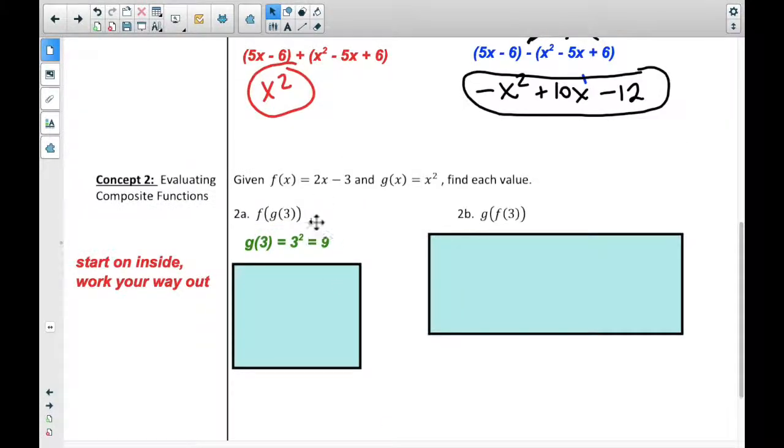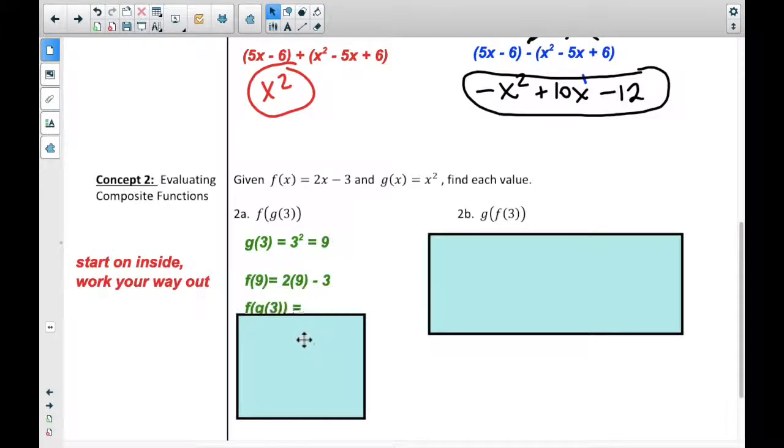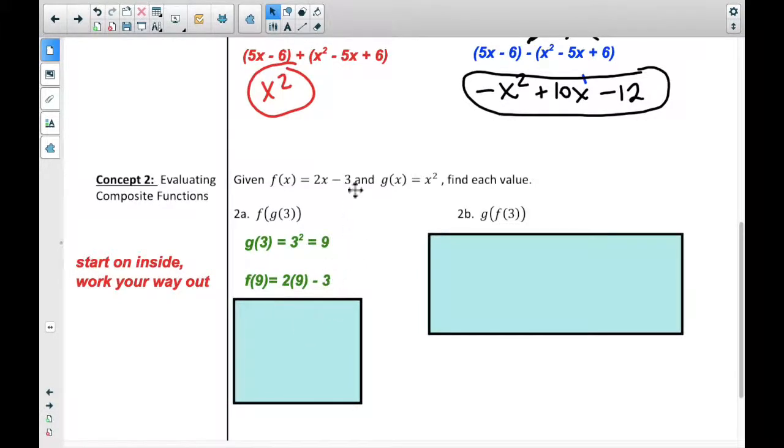Okay, so we're going to start on the inside with g of 3. Well, here's my g function. G of 3 just means I plug in a 3. So that's 3 squared, that's 9. Then, now that I've gotten my g of 3, now I want to plug that in and do f of 9 in this case. So f of 9, I'm going to take that 9 and plug it in for my x, and I get 2 times 9 minus 3.